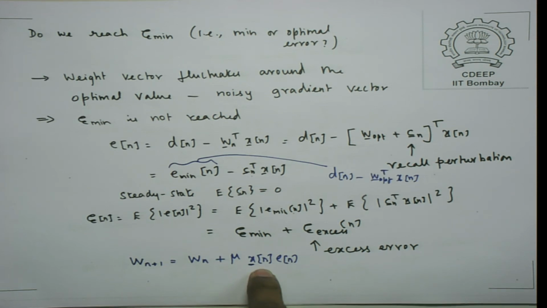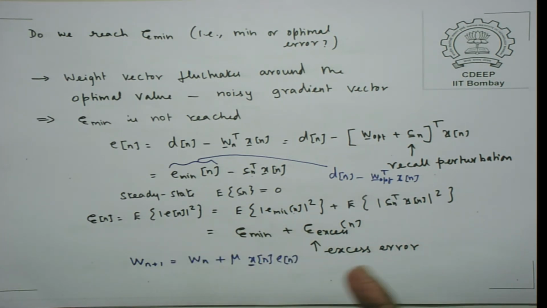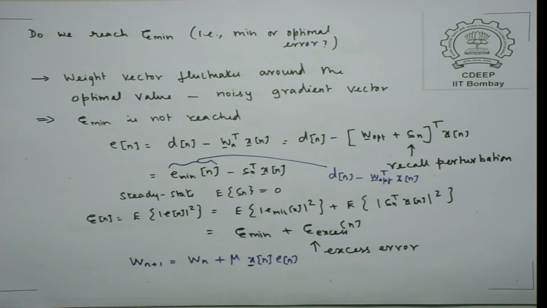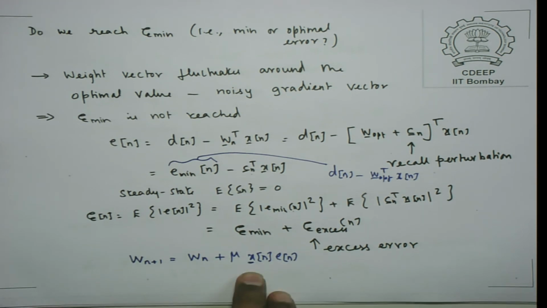So, what could happen is, even if we choose mu well below the upper bound, it is possible that there could be a suddenly large value in x of n, such that this whole term can get perturbed a lot, that you will not be able to come back in the iteration or the convergence of this algorithm, right. So, essentially what I am saying is, if there is a sudden change in x of n, like an impulsive change which is a very high value, it is possible that your algorithm can go out of the convergence region and you will not be able to converge, right.